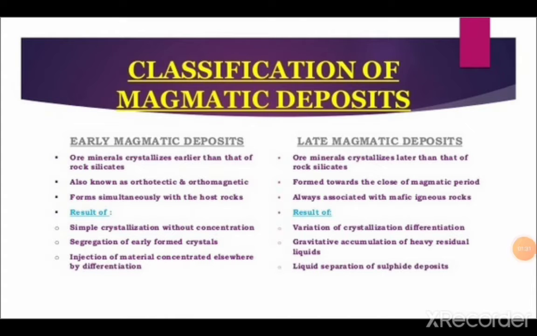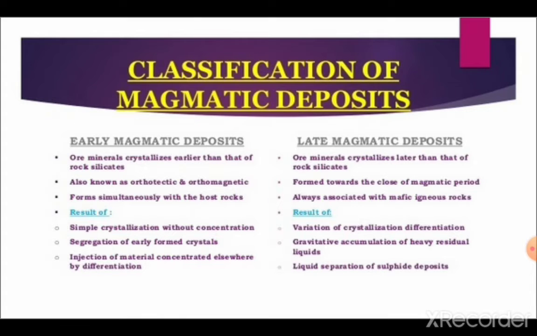The early magmatic deposits are also called orthotectic or orthomagmatic deposits because they are formed from the straight magmatic process. The late magmatic deposits are formed towards the close of the magmatic period.